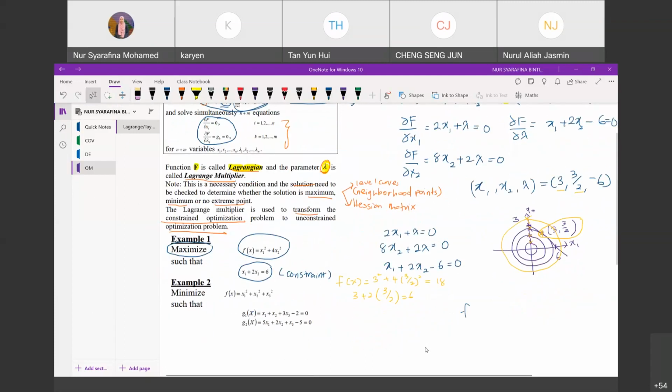Okay, where f(x) equals what? x1 squared plus 4x2 squared. Okay, what does the Hessian matrix give you? Can you construct the Hessian matrix from here? What is your Hessian matrix?